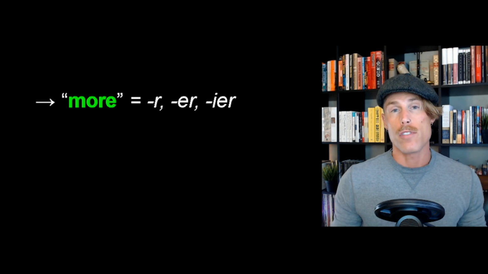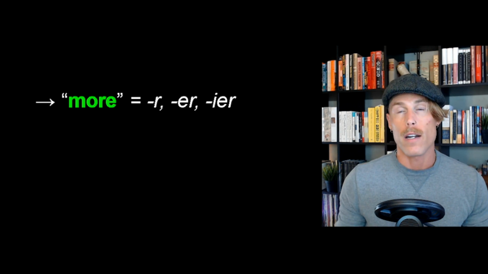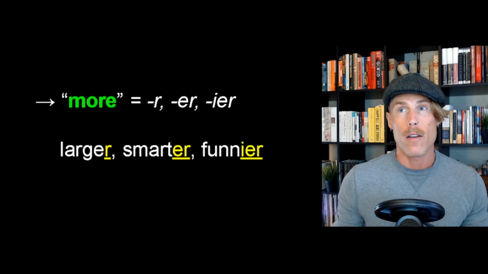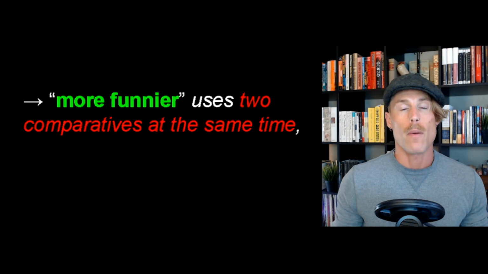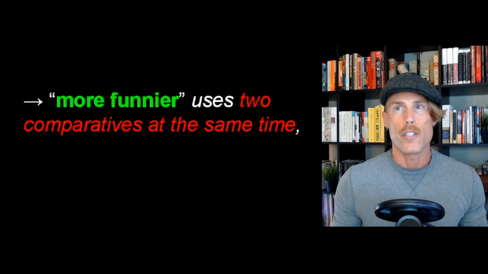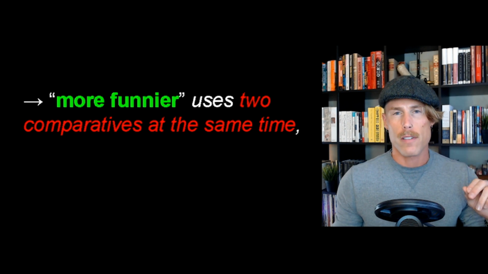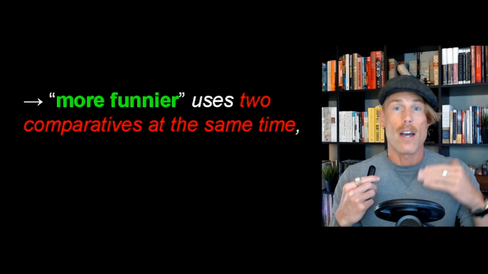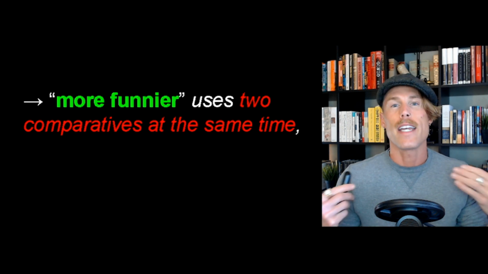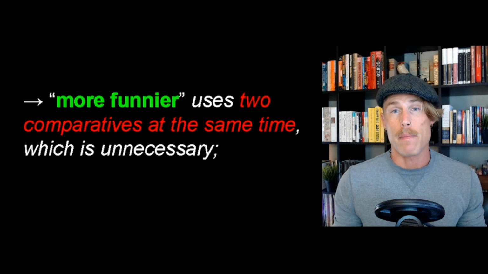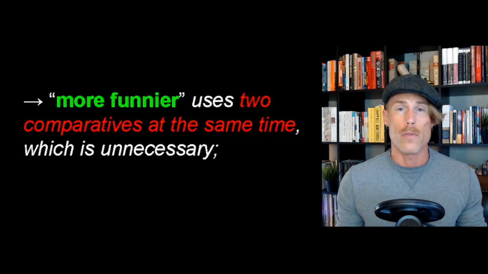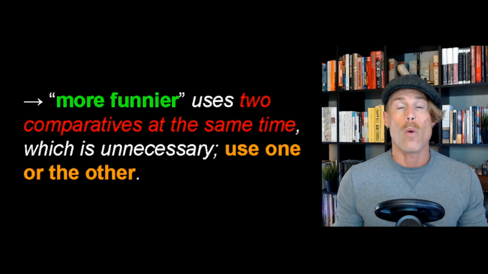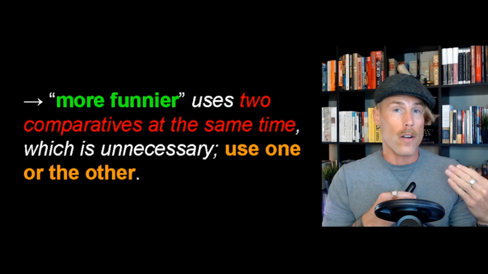Some adjectives use R, ER, IER: larger, smarter, funnier. And more funnier uses 2 comparatives, more and ER, funnier. It uses 2 comparatives at the same time, which is unnecessary. So don't do this. Use one or the other.